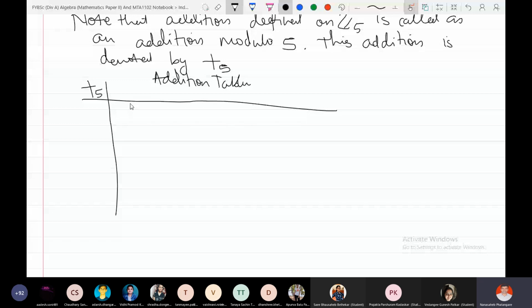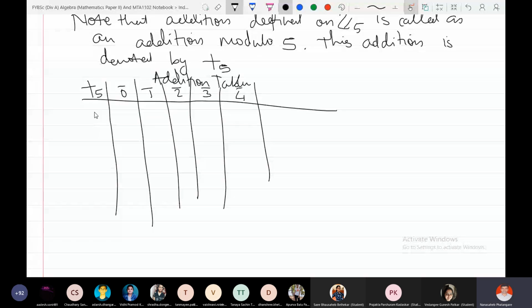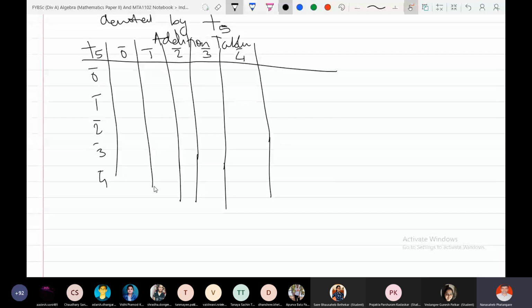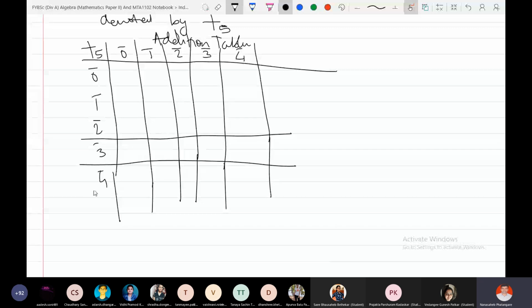So 0 bar, 1 bar, 2 bar, 3 bar, 4 bar, here also 0 bar, 1 bar, 2 bar, 3 bar, 4 bar. Fine. I am going to do this in a very systematic manner, so that you can understand what exactly is happening.